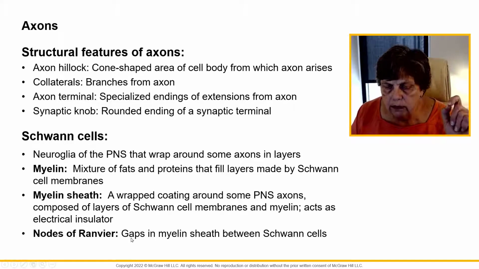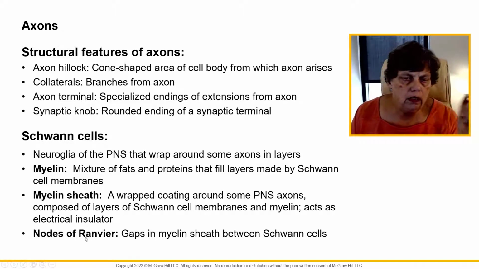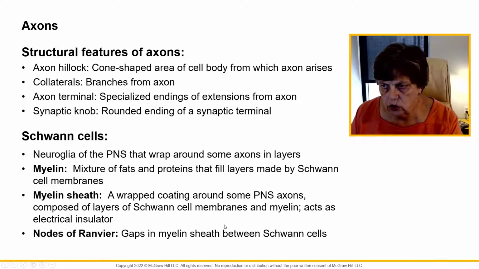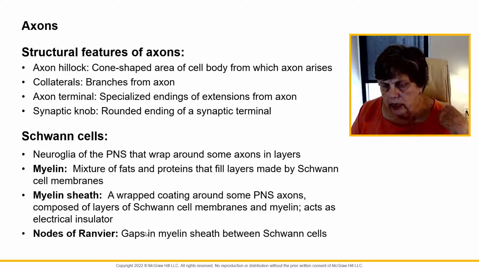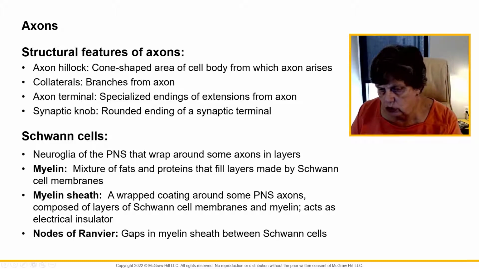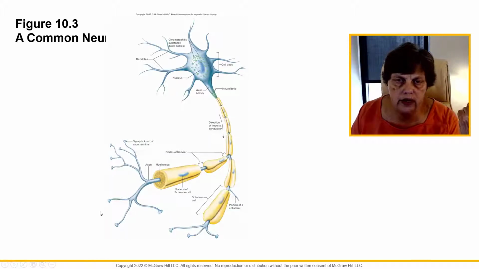You have gaps in this sheath. We'll talk about it. It allows you to do what's called saltatory conduction, where you can basically hop, skip, and jump down the axon, making it much quicker, and use the gaps between these Schwann cells, and these are called nodes of Ranvier.